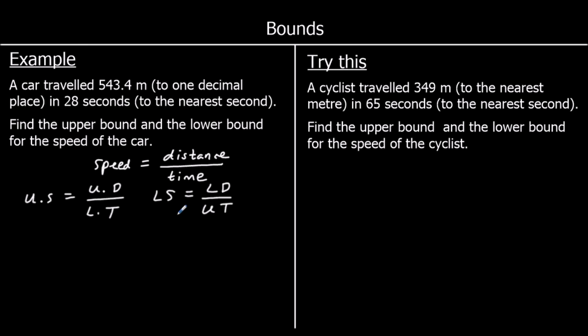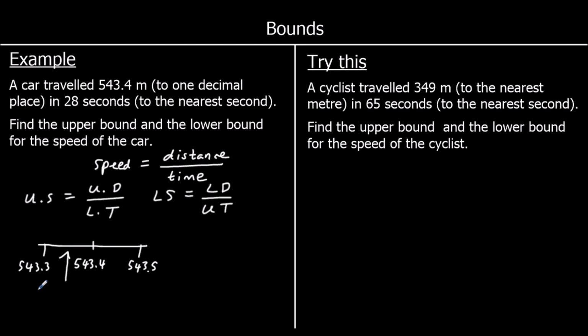So let's work out the upper bound and lower bound for our distance and time. So for distance, we've got 543.4 meters. It's to one decimal place. So the next one up is 543.5. The one down is 543.3.